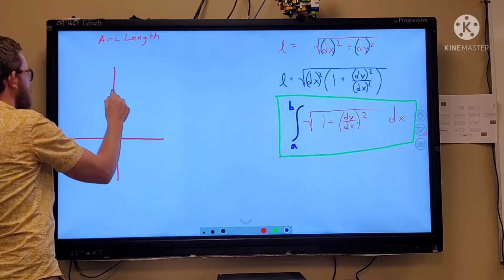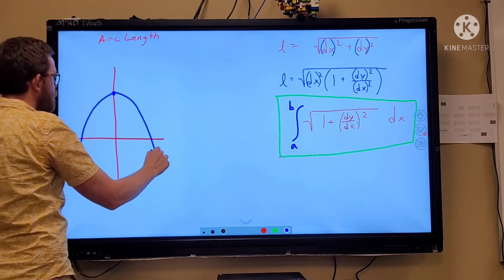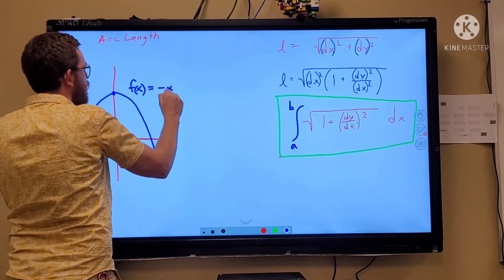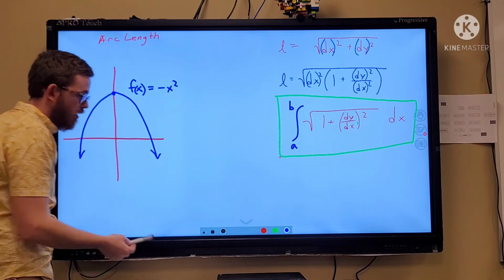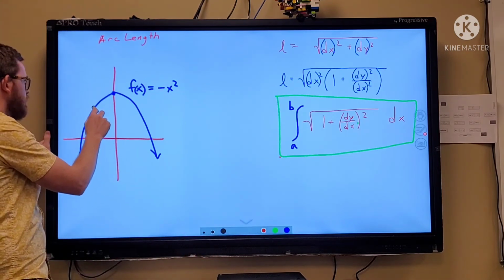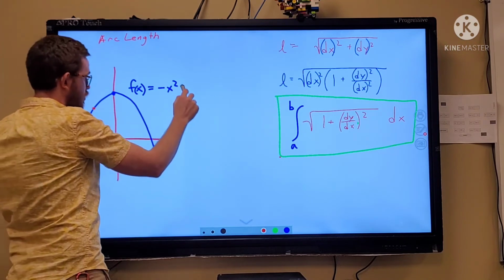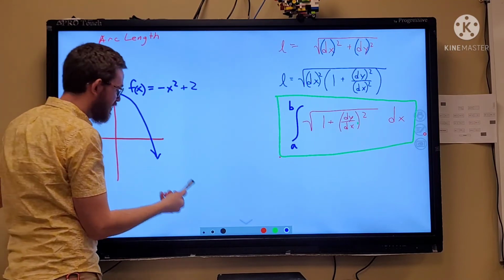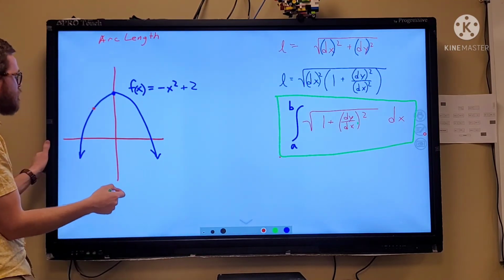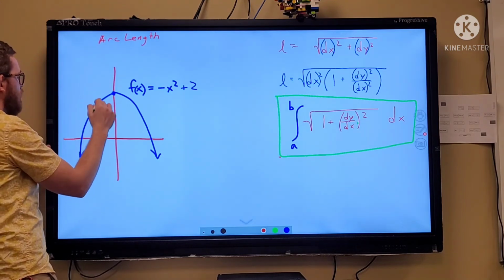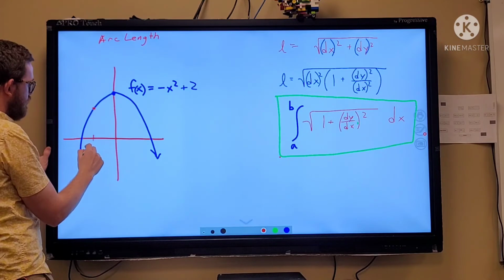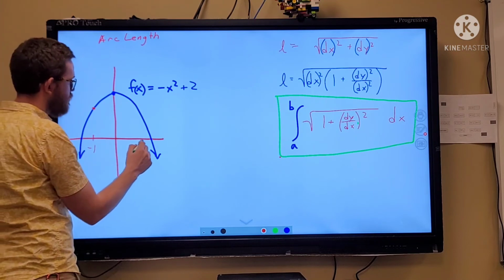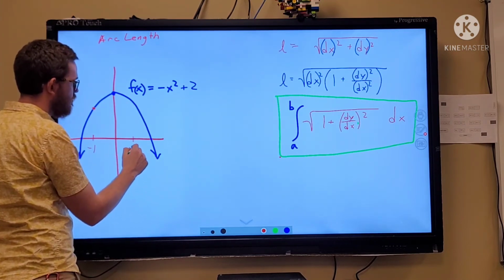Let's do a quadratic. Why not? Let's say we've got negative x squared plus 2, and we want to find the length of our curve from, I don't know, whatever, -1 to 1.